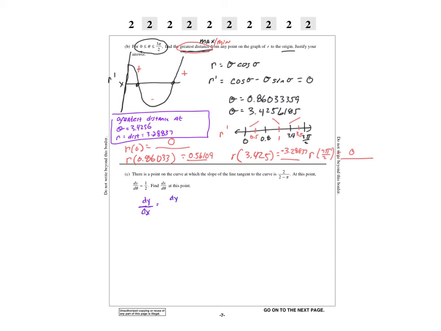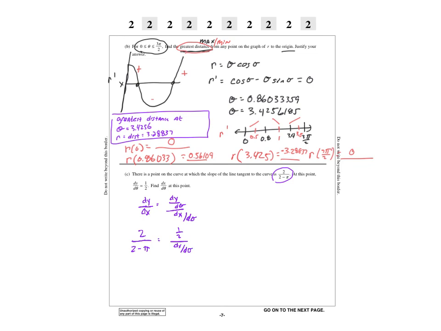That has to be equivalent to my dy d theta over dx d theta. So if they're telling me the slope at that line, so that is my dy dx, then I've got 2 over 2 minus pi has to be equal to my 1/2 over my dx d theta, since that's what they're asking me to solve for.